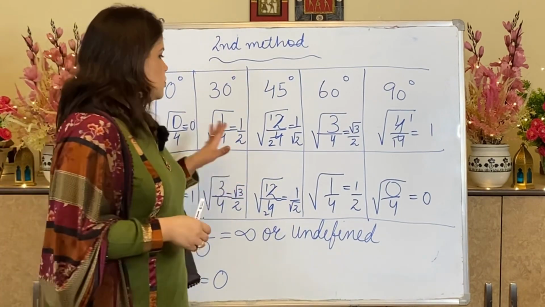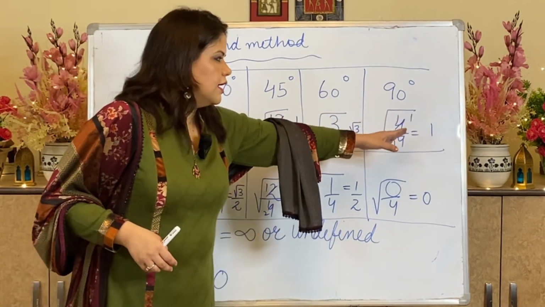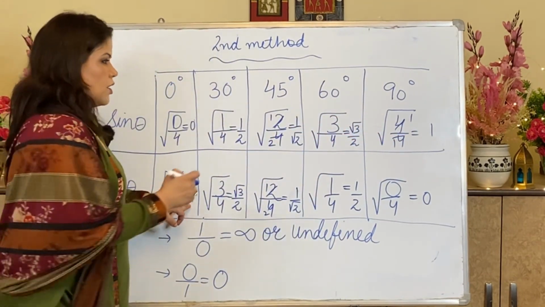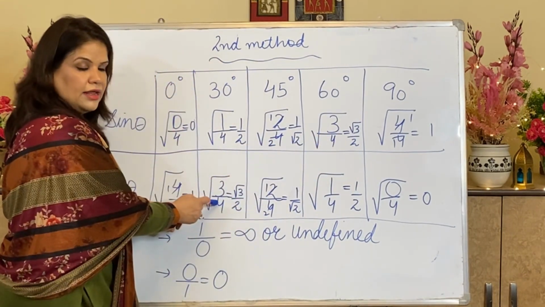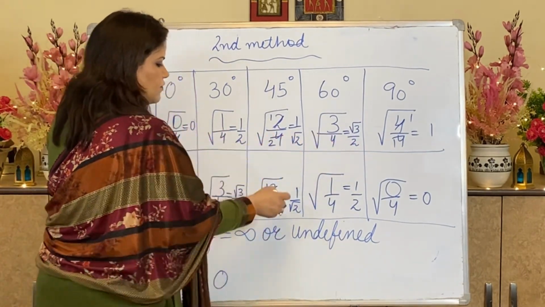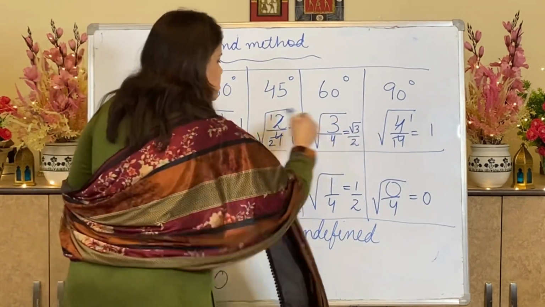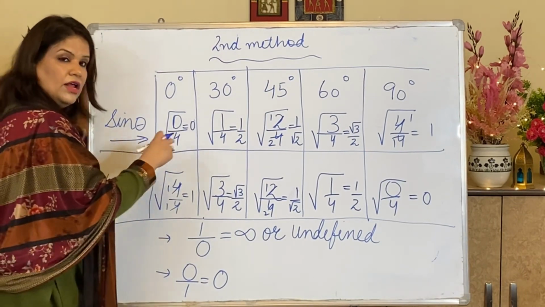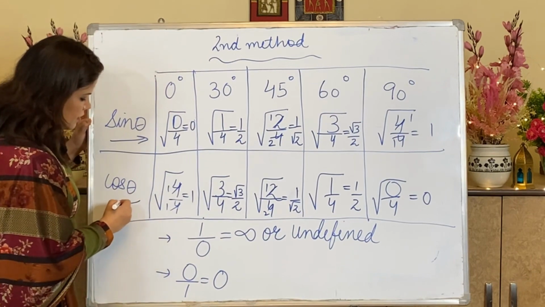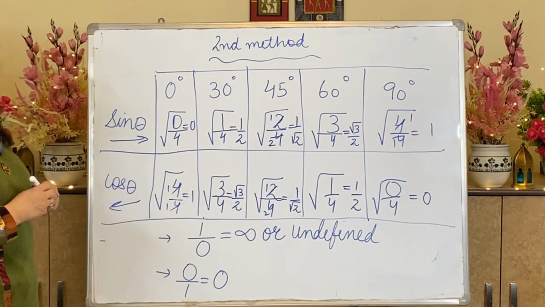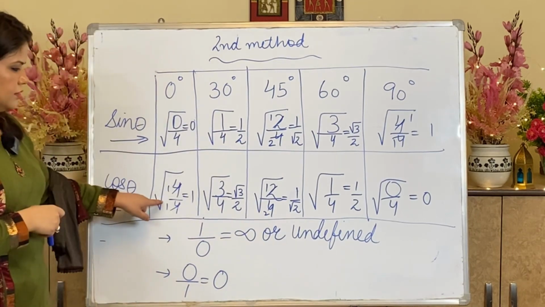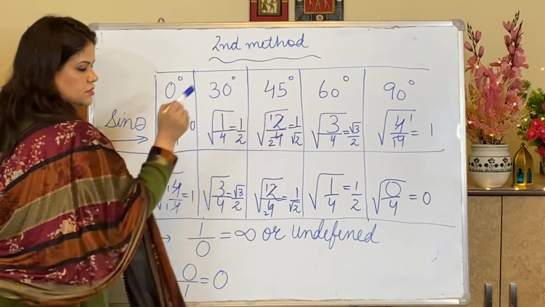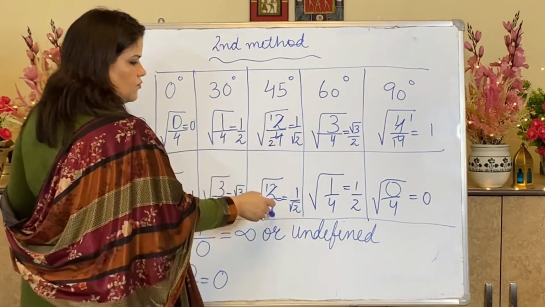Or the other way is you can only find the values of sine, and then from whatever value of 90 you are getting, you can write that value directly here. Whatever value of 60 you are getting, you can write that directly here. Or whatever value of 45 you are getting, that remains the same. So in sine theta, we are moving in this direction. Whatever values we have got for sine theta, we will write them in the other direction for cos theta. What have we written? 1 from 90. 60 will be equal to 30. 45, 45.